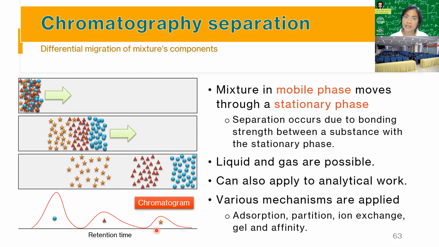In separating using chromatography, I told you that the separation occurs due to the bonding strength between the component and the stationary phase. The bonding strength can be of many mechanisms. It can be adsorption strength, partition, ion strength, affinity, or gel chromatography.